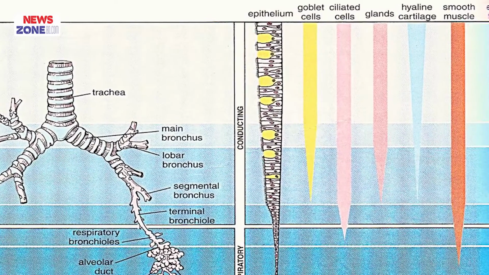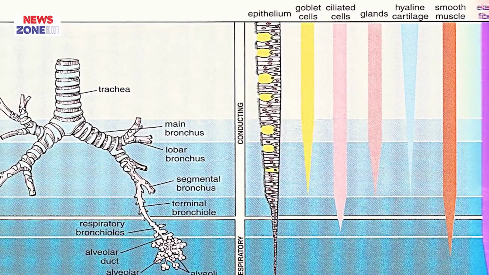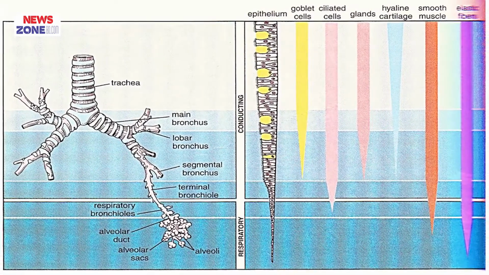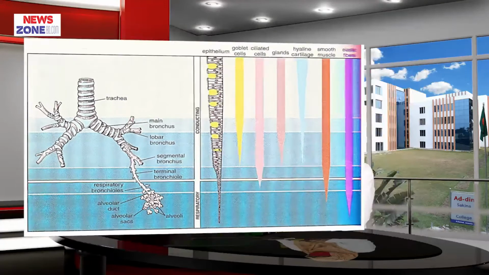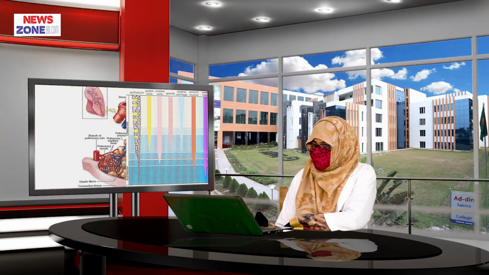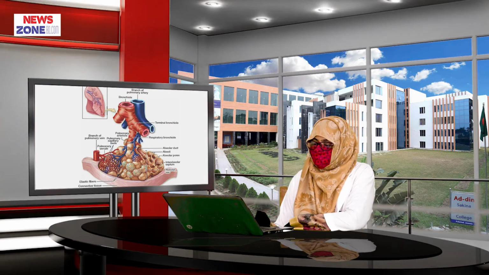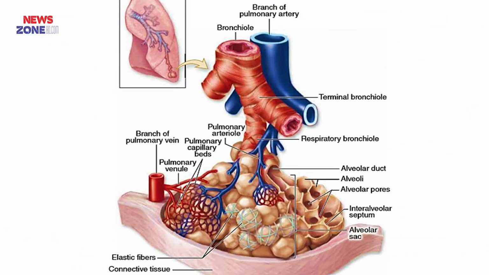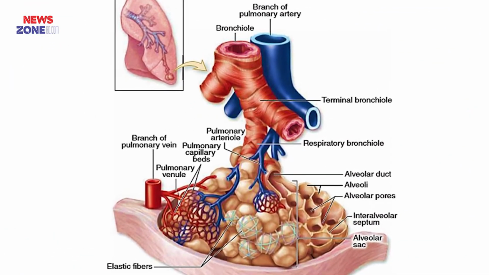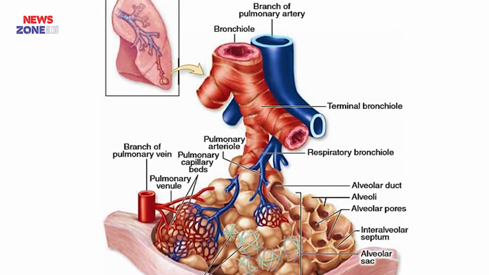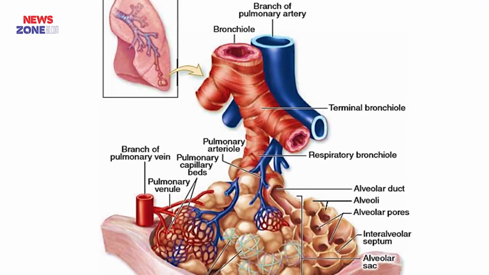Goblet cells disappear during this transition, but the epithelium of terminal bronchioles instead contains other numerous columnar cells, the exocrine bronchiolar cells, commonly called Clara cells. Then the respiratory zone. The respiratory zone starts with the respiratory bronchiole. Each terminal bronchiole subdivides into two or more respiratory bronchioles that serve as a region of transition between the conducting and respiratory portions of the respiratory system.